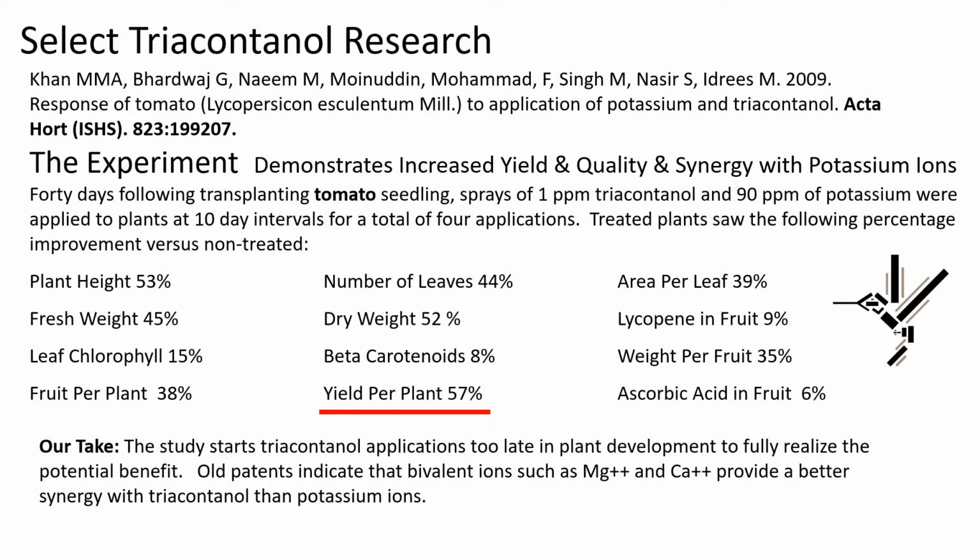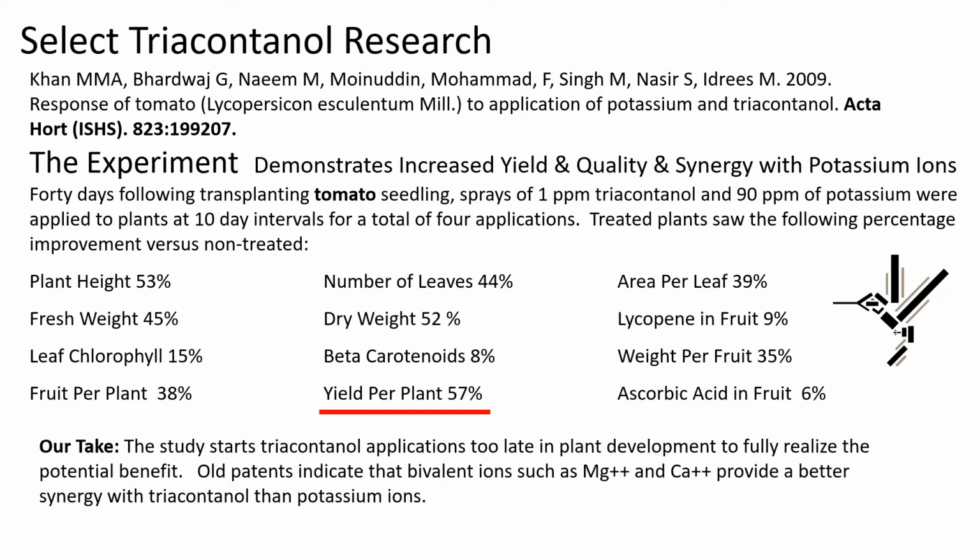I think they could have even gotten better results if they had started earlier. If you look at a lot of the research out there and the early patents on tricontanol, the earlier you treat with tricontanol, the bigger boost you tend to get compared with treatments later in crop development.